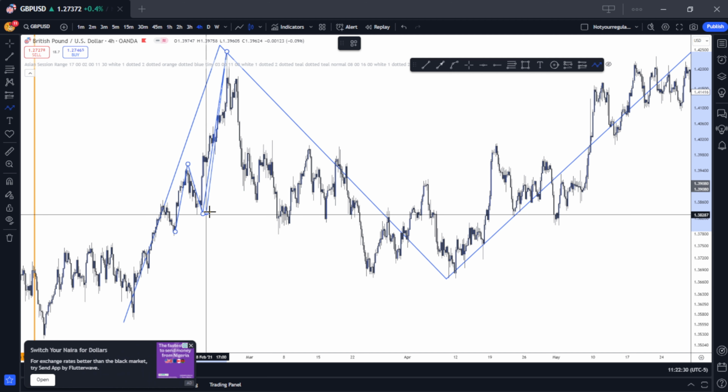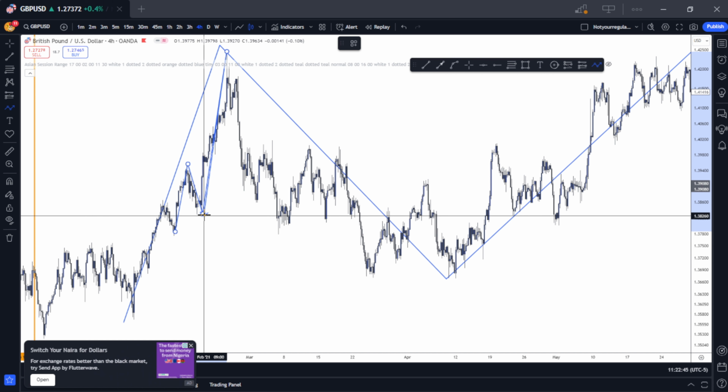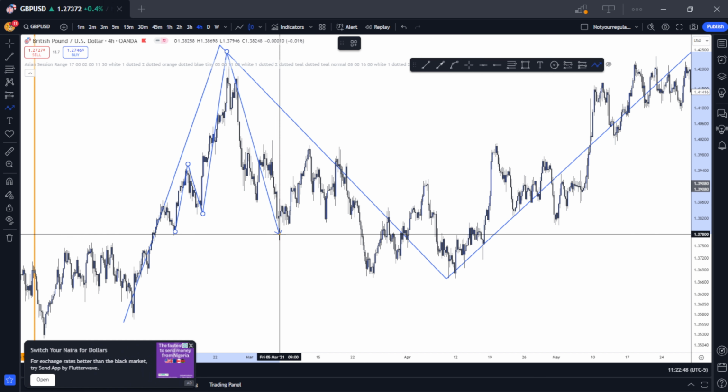This signaled to us that we are now in a pullback phase. That means the lower time frame break of structure, our internal structure BOS, signals a pullback of the higher time frame.